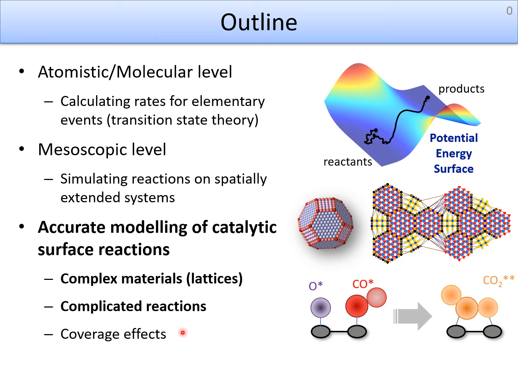And finally, we may have coverage effects, so lateral interactions between the reacting molecules and spectator species, which change the rate constant of the reaction. So in the first part of this, we're going to deal with these two, and then finally, we're going to discuss coverage effects in a bit more detail.